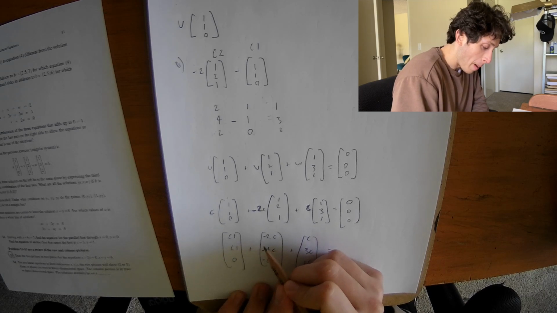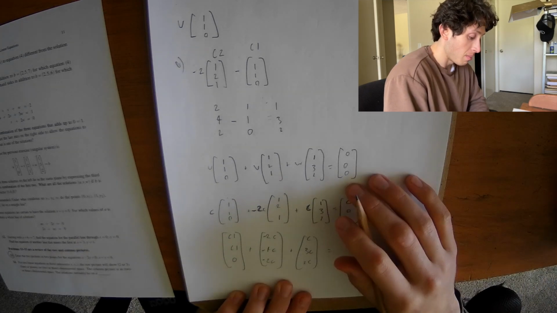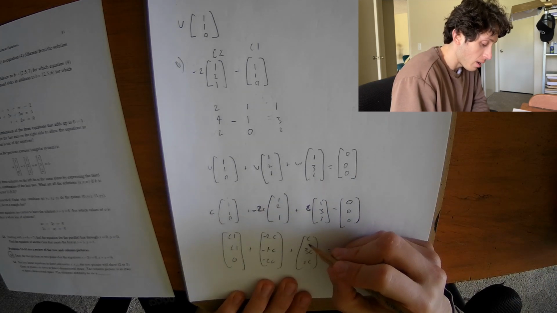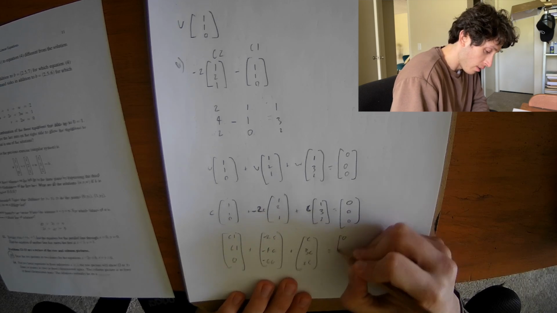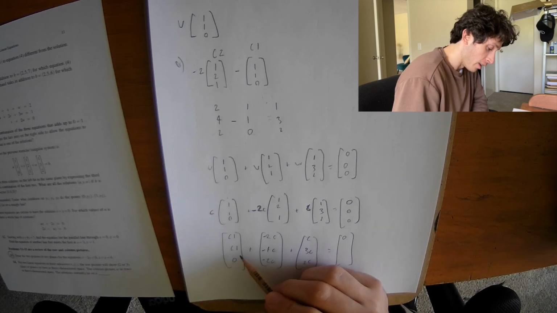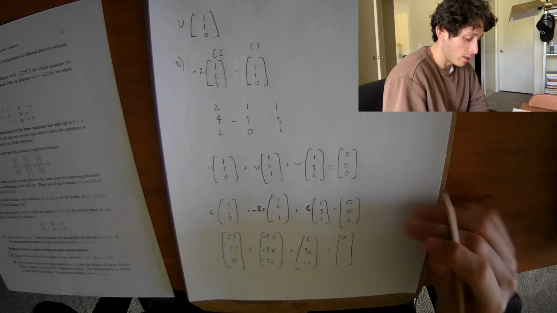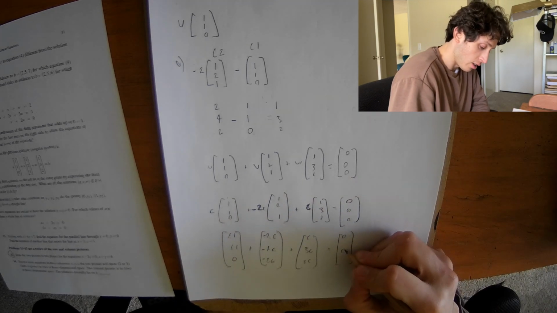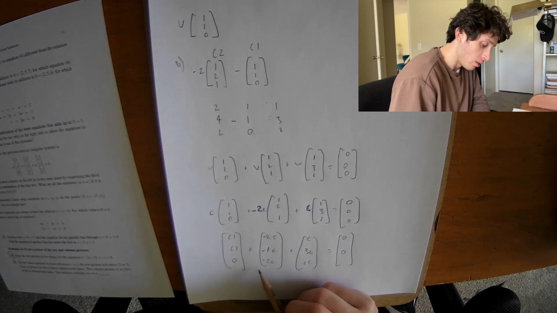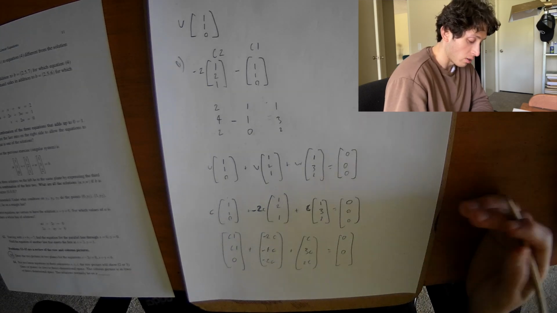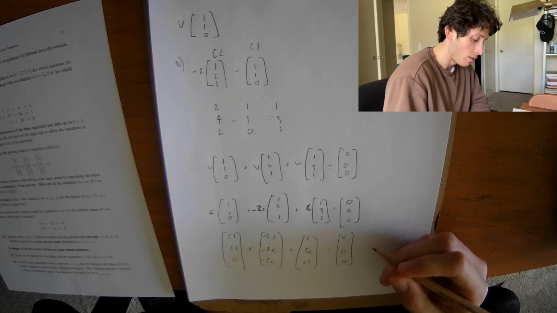So C minus 2C, that's minus C, plus C, that's 0. Then C minus 4C, that's minus 3C, plus 3C, that's 0. And then 0 minus 2C, that's minus 2C, plus 2C, that's 0.